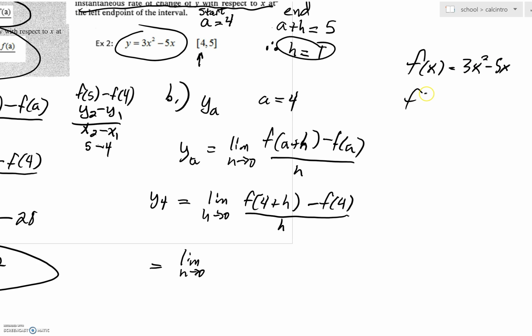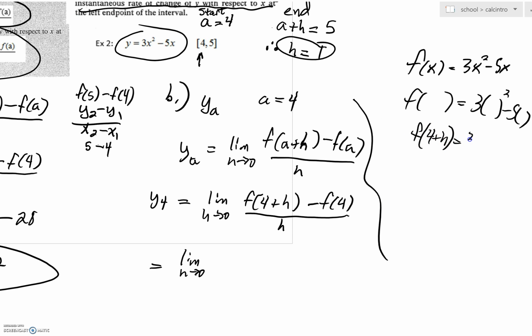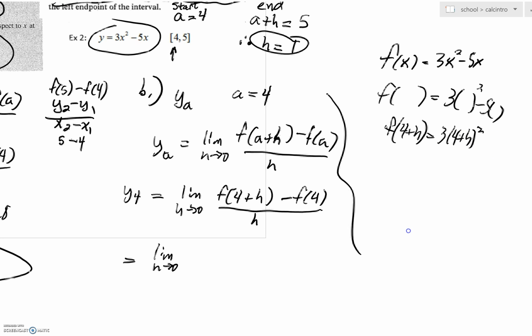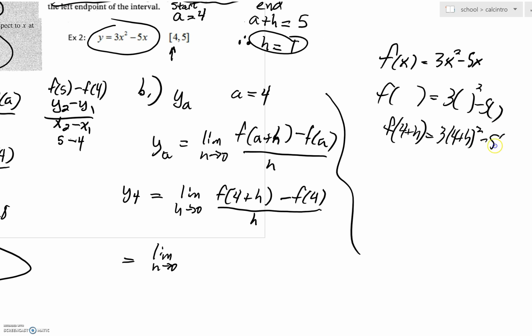It's kind of like f of a blank equals 3 blank squared minus 5 blank. So if I'm saying f of 4 plus h, I've got to put in that 4 plus h wherever there's a blank. Hopefully you can see what we're talking about here, right? So that's your f of 4 plus h.